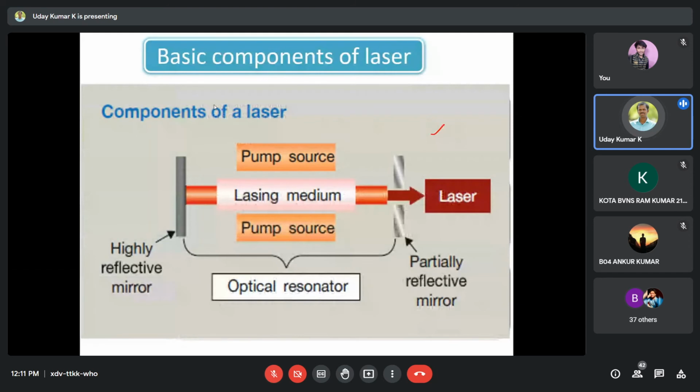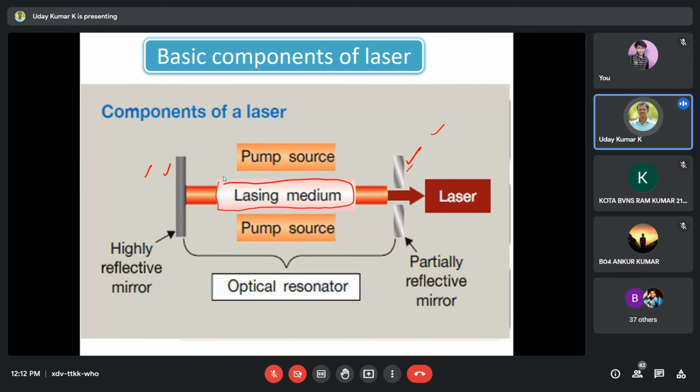So this is how it looks basically. See here, these are the two mirrors: this is the highly reflective mirror and this is the partially reflecting mirror. You have a pumping source here, and this is the laser active medium, which you put in some medium, glass or whatever it is, with the ends attached to the two mirrors.